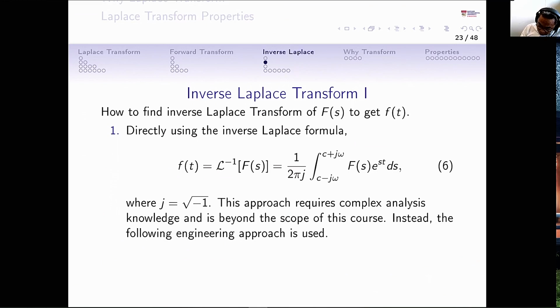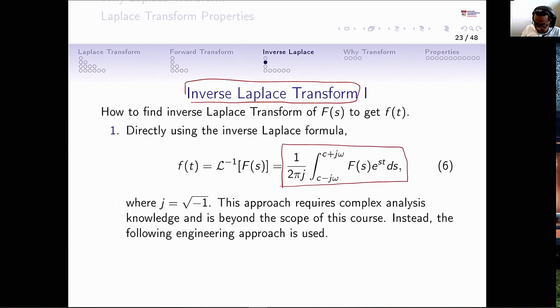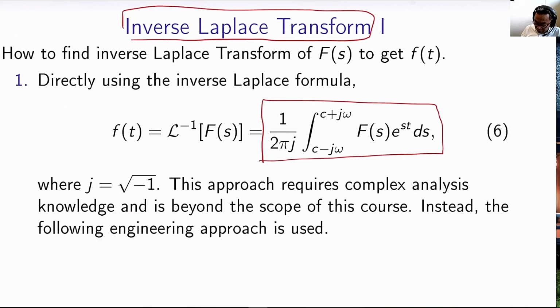The direct way to perform inverse Laplace transform is the equation given to us in the beginning of this course, which is to perform this integration, 1 over 2 pi j, the integration from this value to this value, F(s) e^(st) ds.